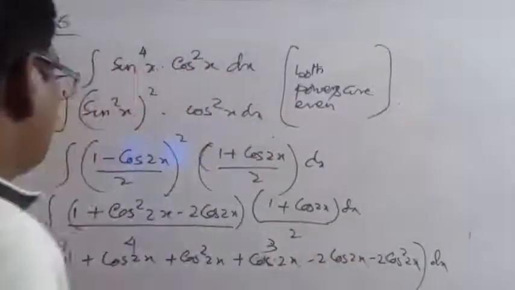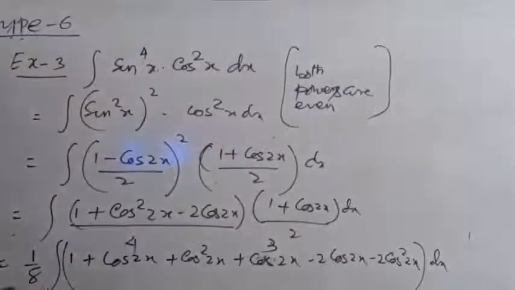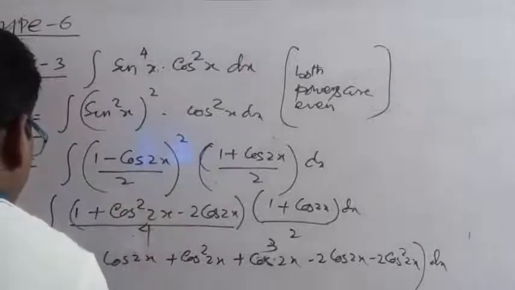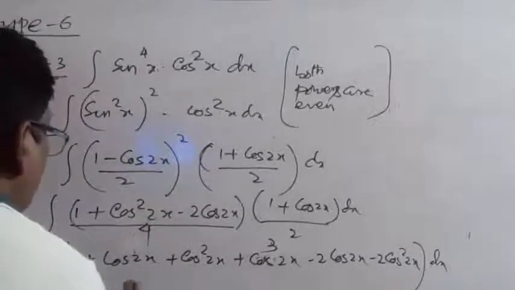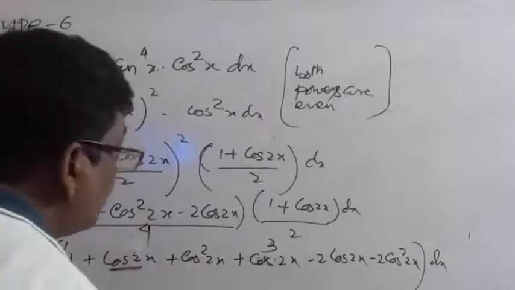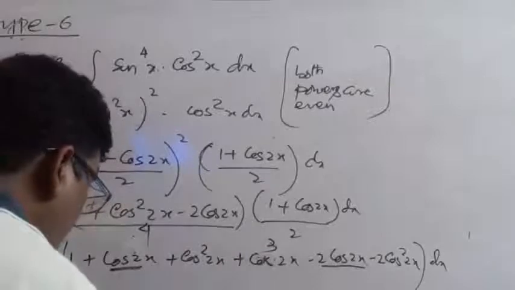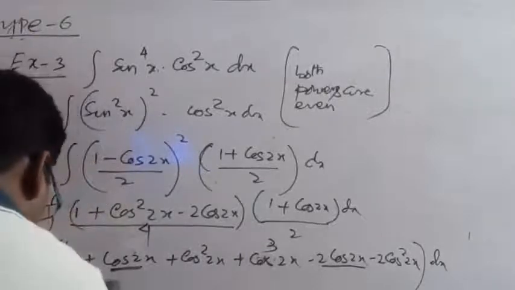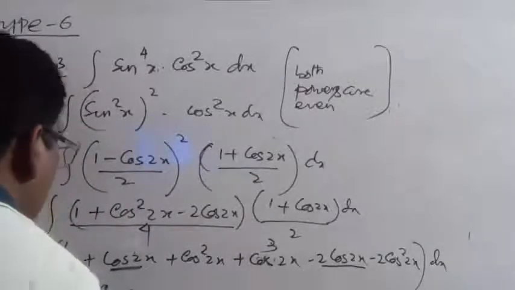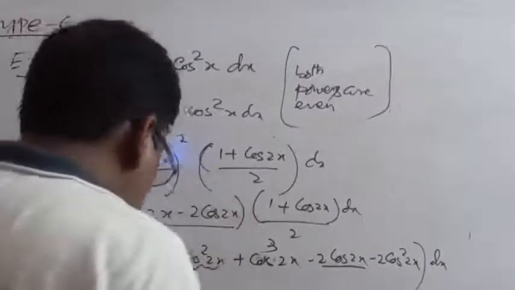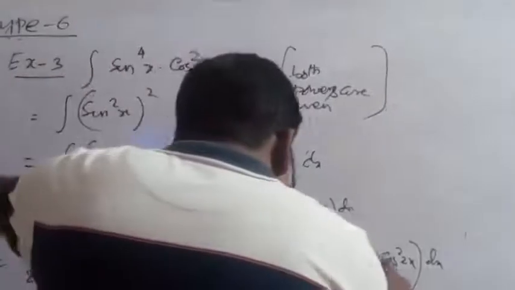After simplification, 1 by 8 into (1 plus cos 2x minus 2 cos 2x, so minus cos 2x. Then cos square 2x minus 2 cos square 2x.